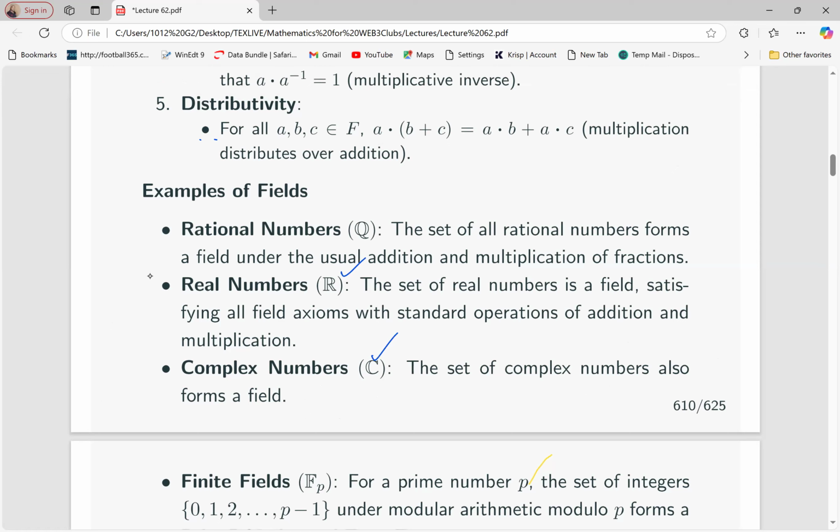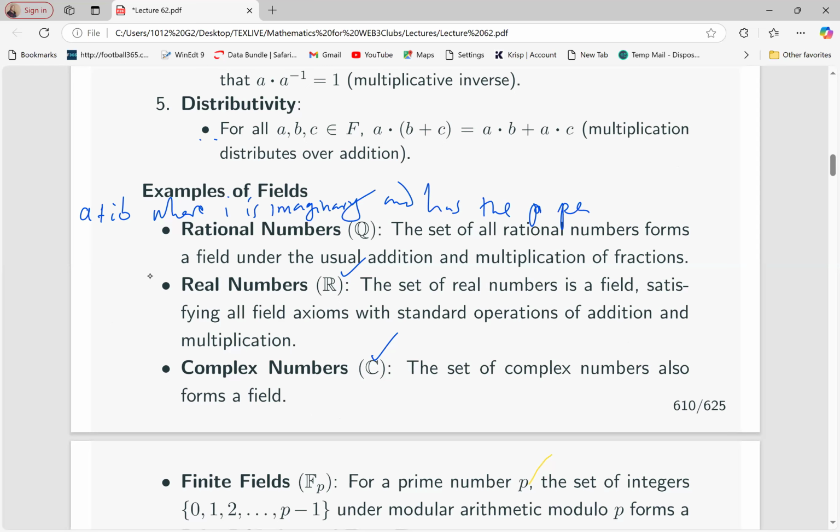Complex numbers are numbers that can be written in the form a plus ib, where i is imaginary and has the property that its square is -1. i has the property that its square is -1.